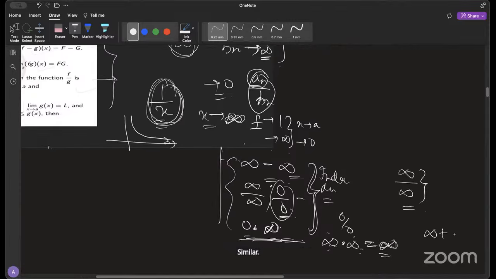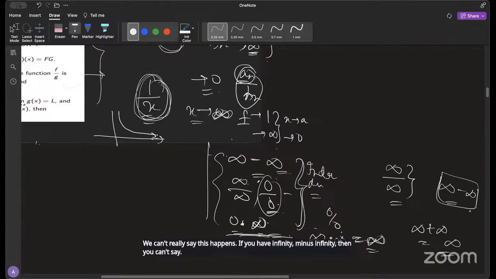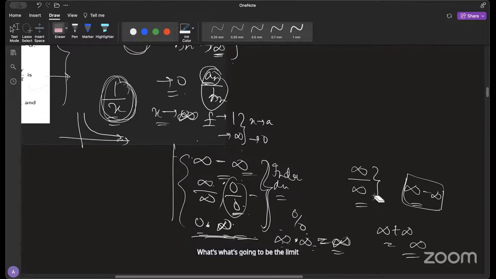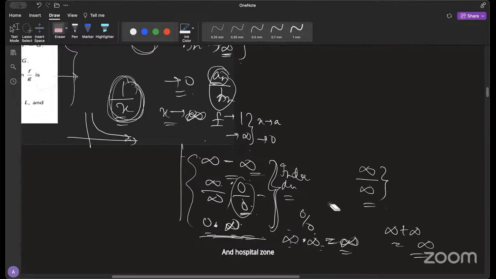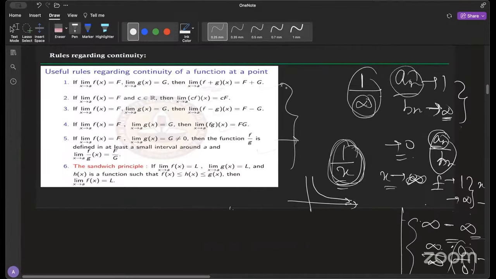Similarly, if you have infinity plus infinity, this limit is again going to be infinity. But if you have infinity minus infinity, then you can't say what's going to be the limit. Then you use L'Hopital's rule, which we'll come to later. So these are just simple operations.